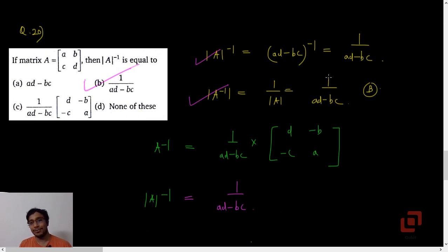So that is also 1 upon AD minus BC, so option B. That means if you find the determinant of A and take its inverse or reciprocal, it is as good as taking the determinant of its inverse. Both are same. So that is 20.